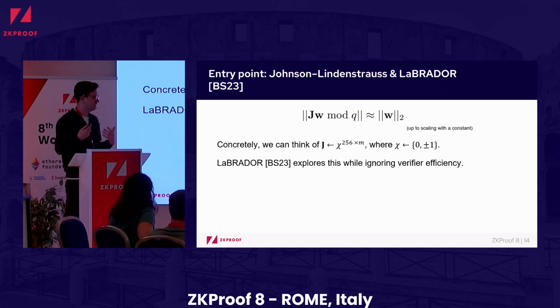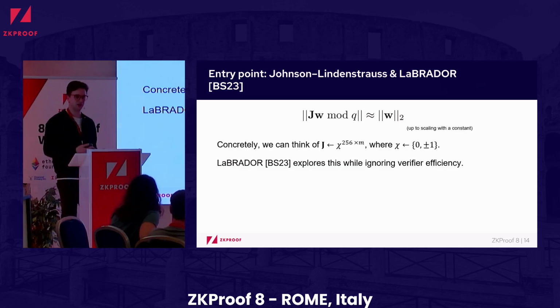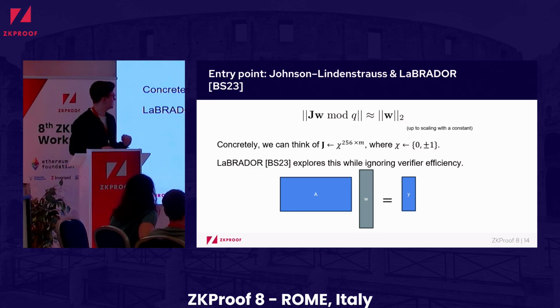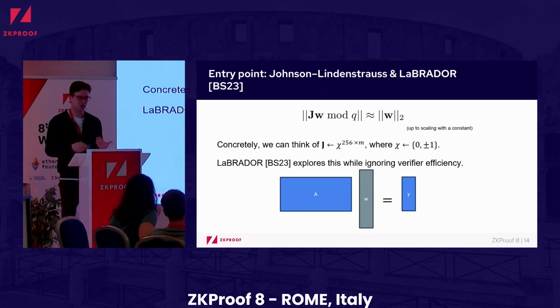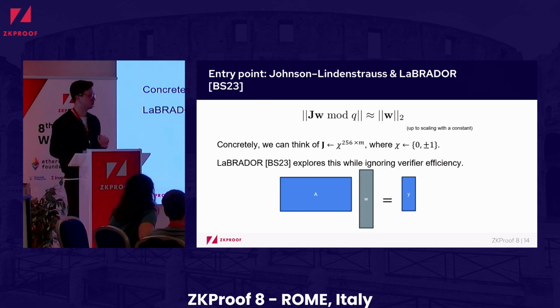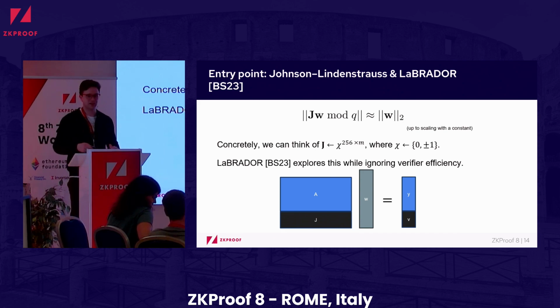However, how it was done in Labrador was completely ignoring verifier efficiency. If we would like to directly take advantage of this approach of Labrador, we have our relation with potentially a commitment and some additional constraints, and we simply swap this matrix at the bottom.